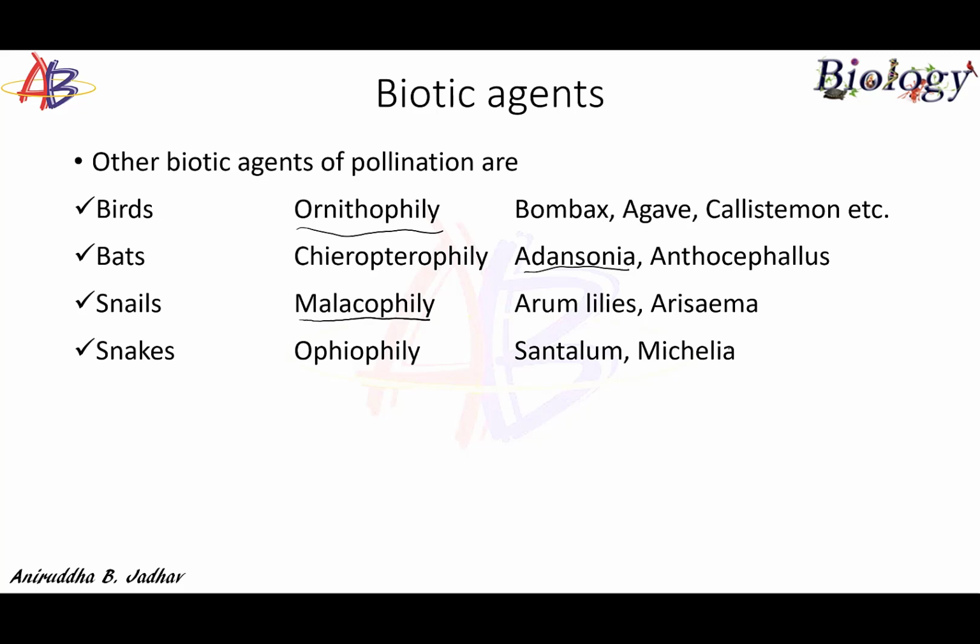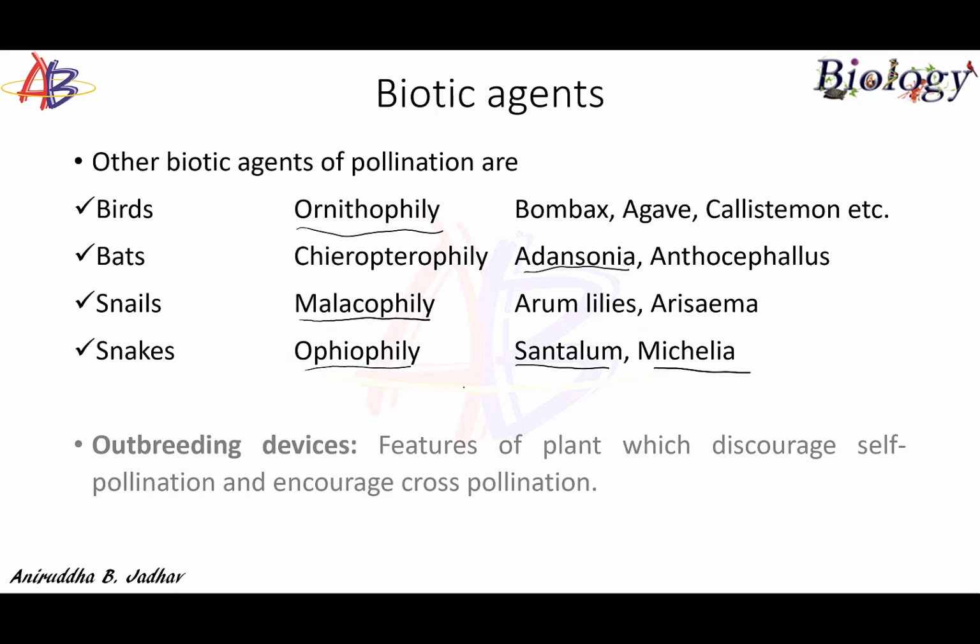Whenever snakes are involved, it is termed as Ophiophily, and the plants are Santalum and Michelia. Santalum is sandalwood, right? So these two plants are mainly observed to be pollinated by snakes. So these are several other examples of biotic agents and related terms.